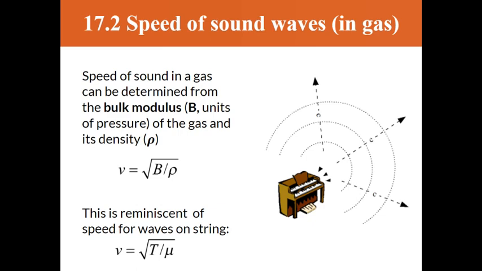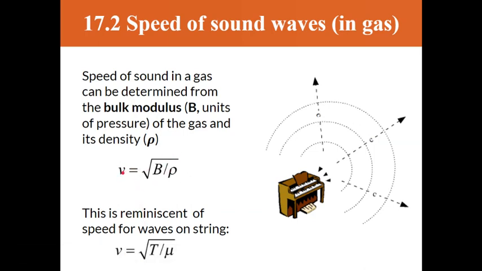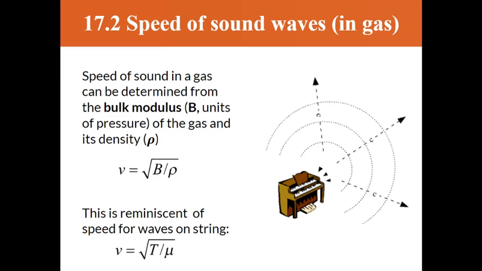So if you want to calculate the speed of sound, say in air or any other gas, you need to first know the bulk modulus of that gas as well as its density. Knowing both things, you just take the square root of one over the other, and that will give you the speed, which of course is constant, like wave speed on a string.